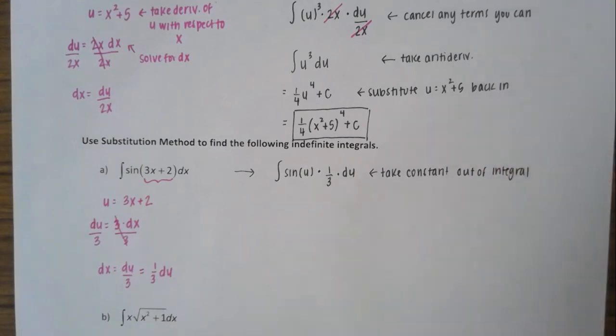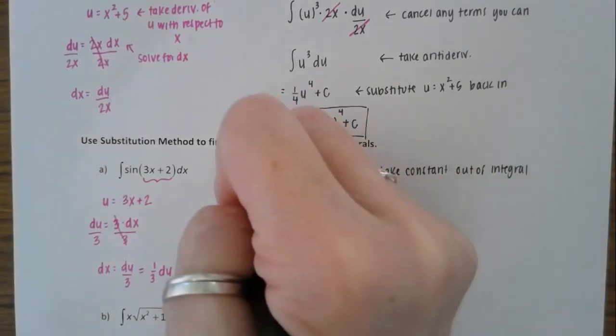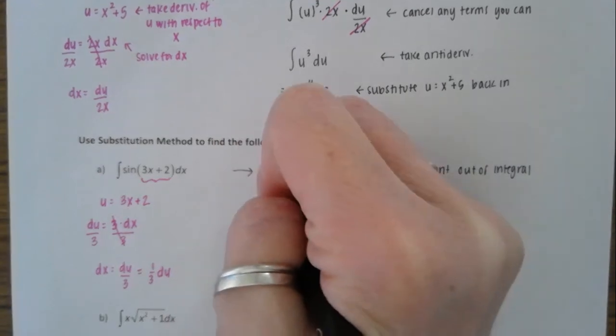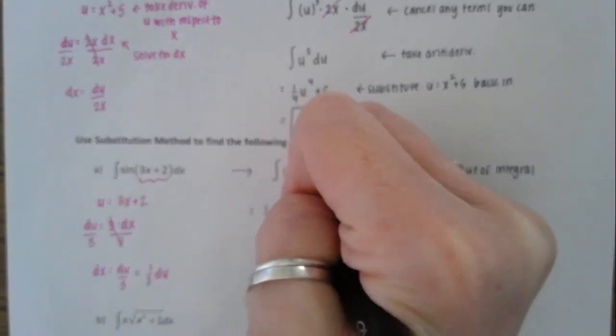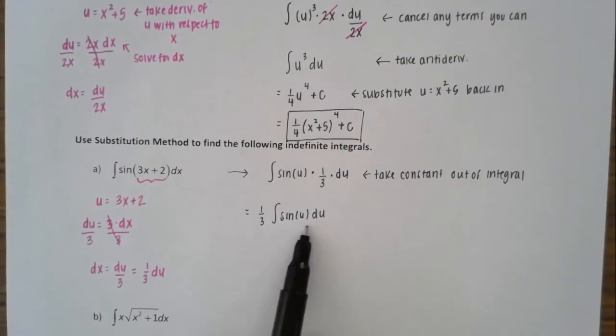So if there's nothing that ends up canceling and it's just a number, pull it out on the outside. So I'm going to write this as 1/3 times the integral of sine of u du. So that we're just left with on the inside of the integral something that's easy to take the antiderivative of. So at this point, I'm just going to take the antiderivative of sine of u.